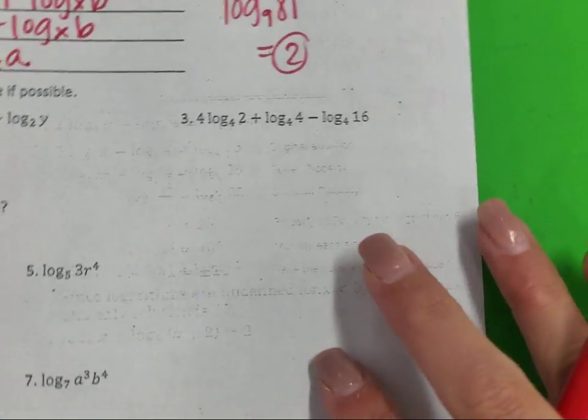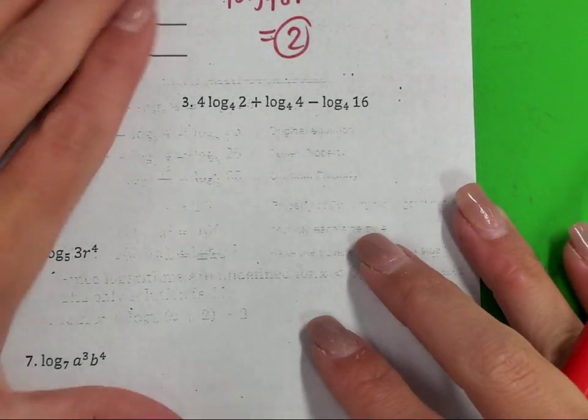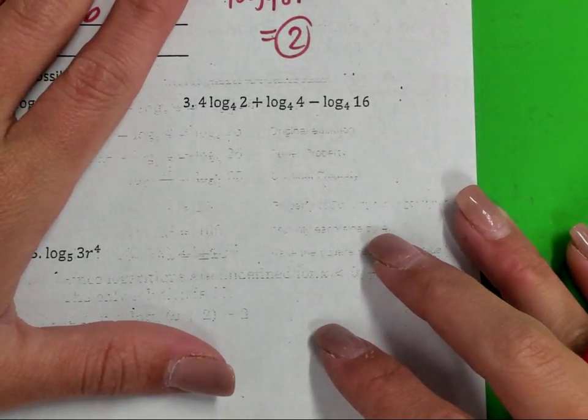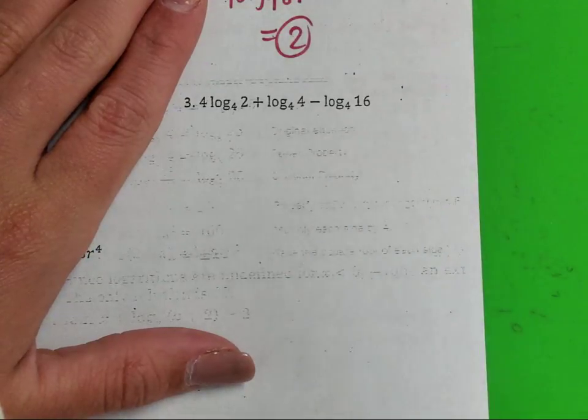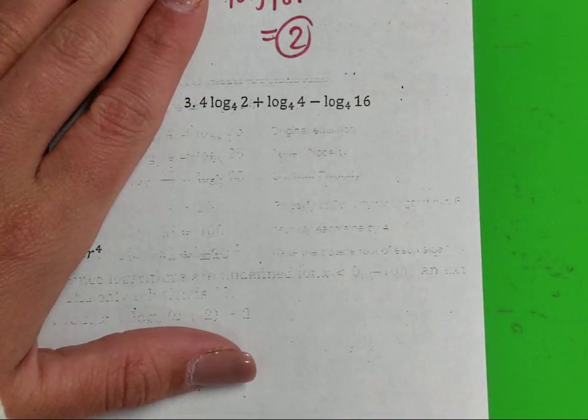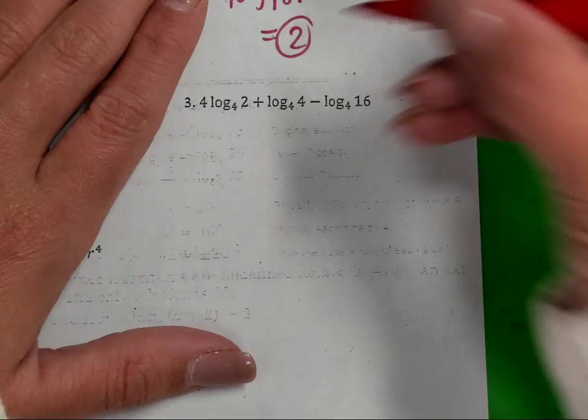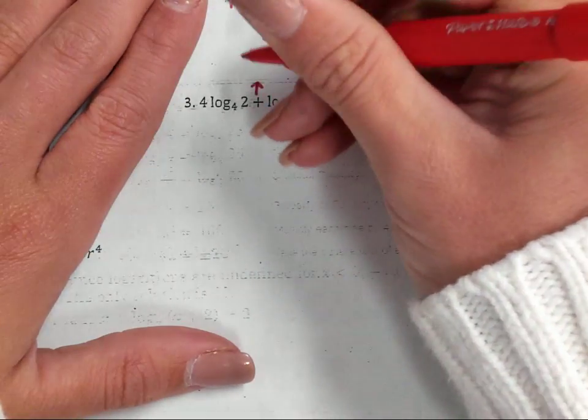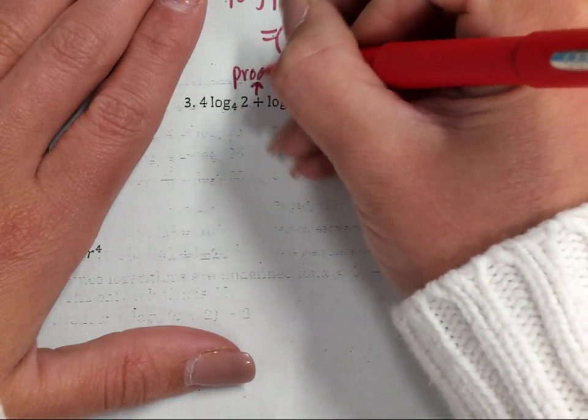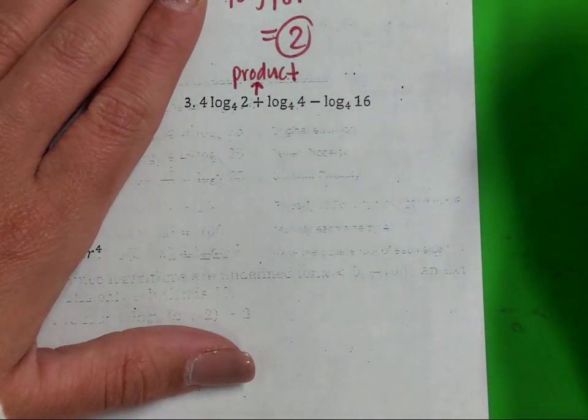Alright. Number 3, Cordell, tell me one property we're going to use. Product. And how do you know that? Addition. Thank you. Alright, Brayden, what's another one we're going to use?